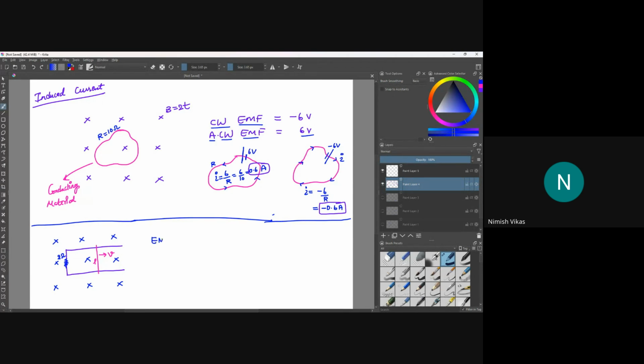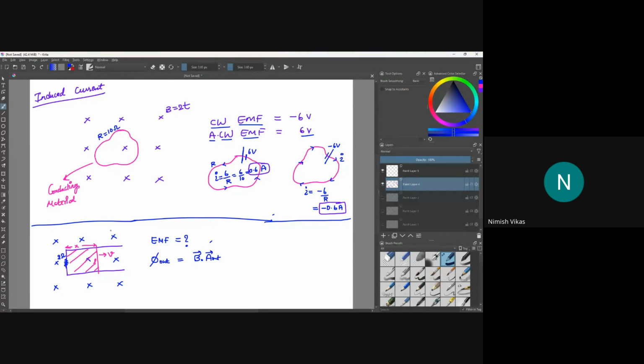For that, first of all, I'll have to find the EMF. To find the EMF, I'll take this area. Let's say this length is X. I'll find the flux out of the loop, that will be B bar dot A out.